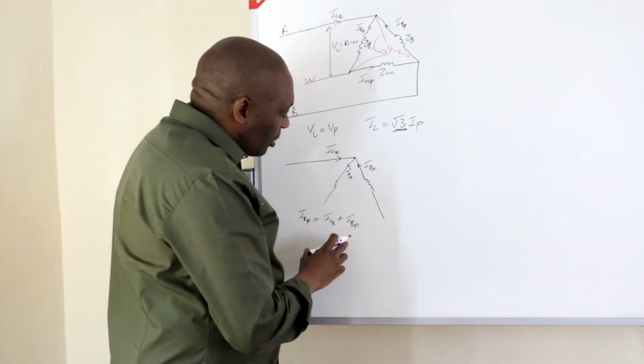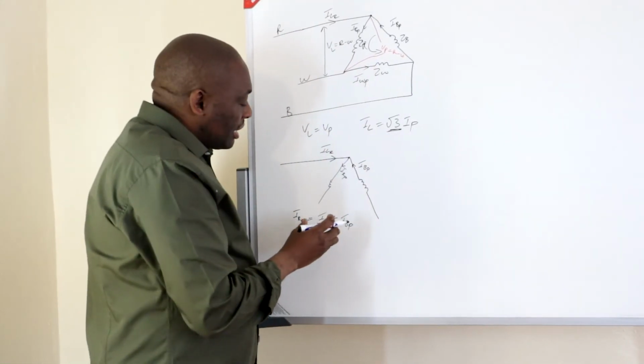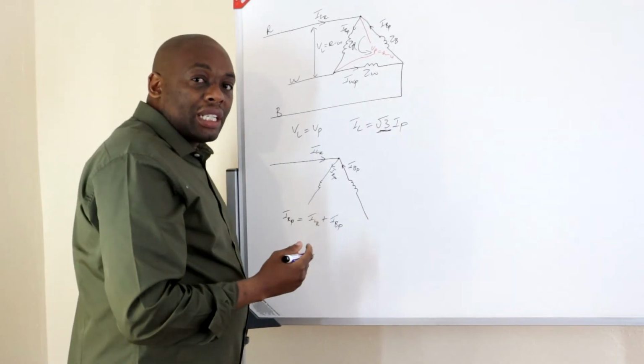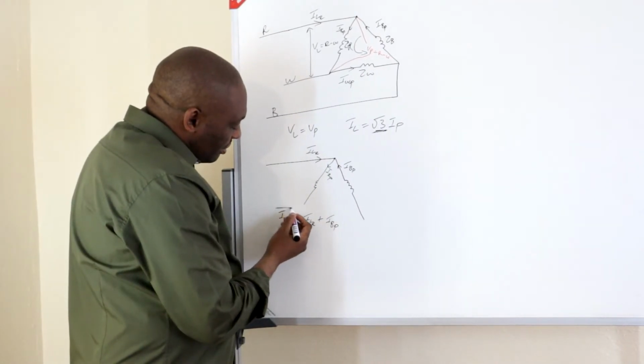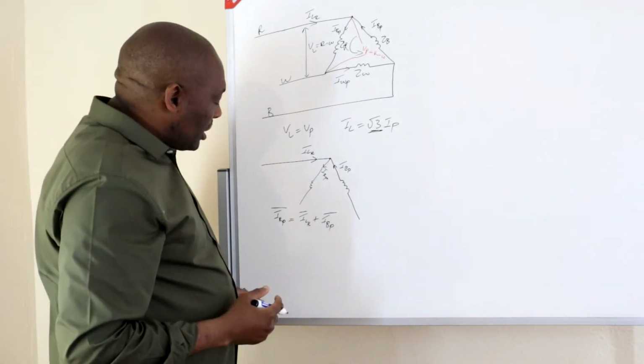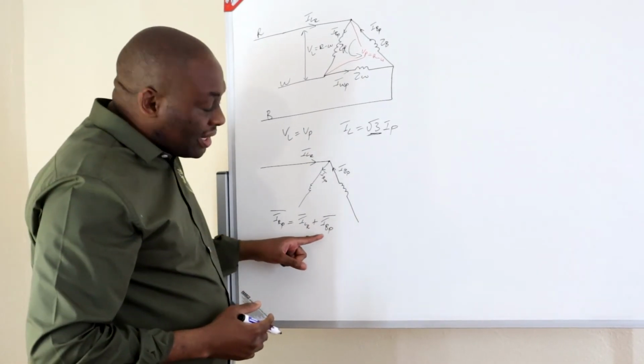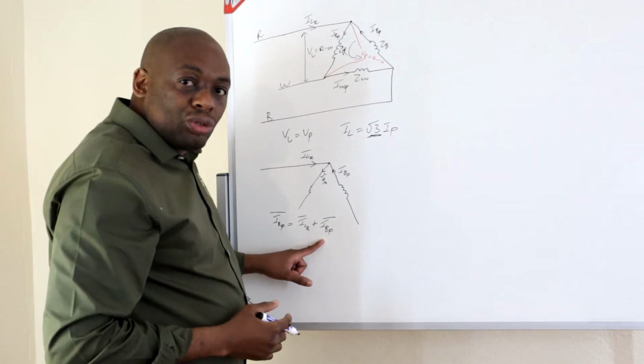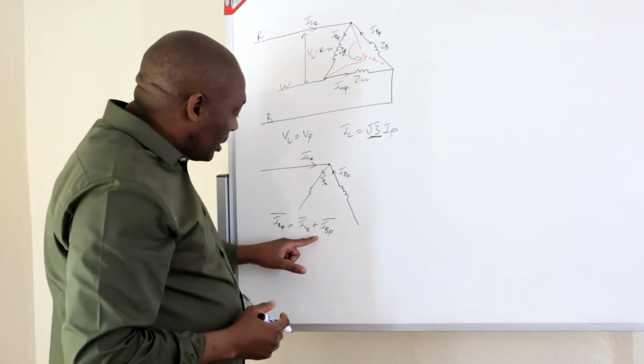We know that because this is an AC circuit, there are also phase angles involved. Therefore, we'll name these phasors. Once we say these are phasors, we need to draw the phasor diagram for this equation.